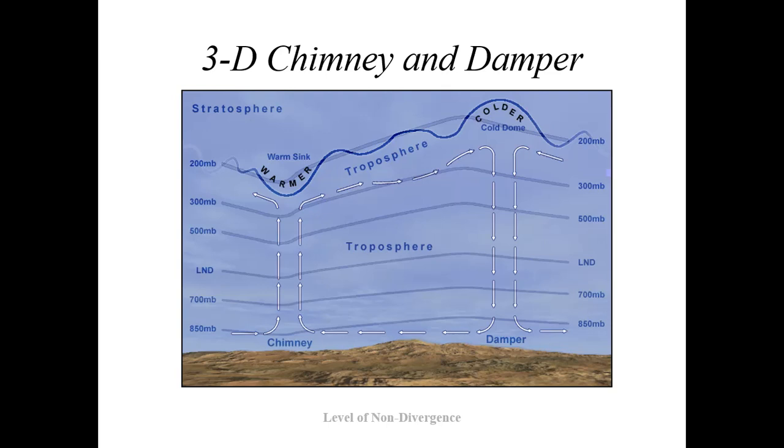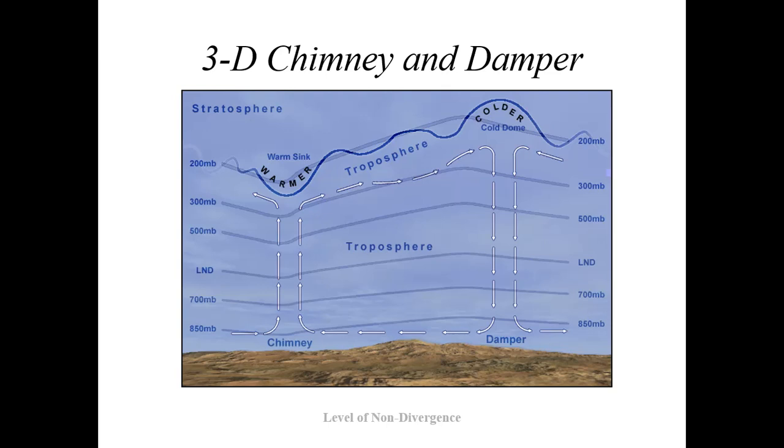Okay, so with the chimney effect, the white arrows on the left show upward rising air motion. You see convergence of air at the lower levels of the atmosphere, right where the word chimney is at the bottom left. See those white arrows pointing towards each other, and then the air rises as a result of that low level convergence. So in the case on the left with the chimney effect, I have convergence below the LND.